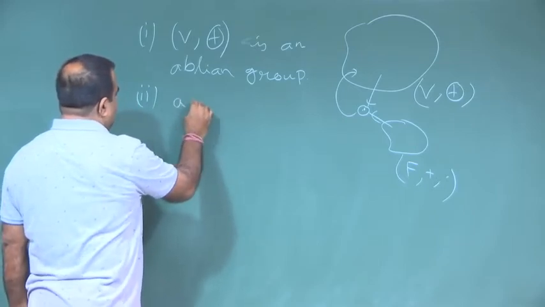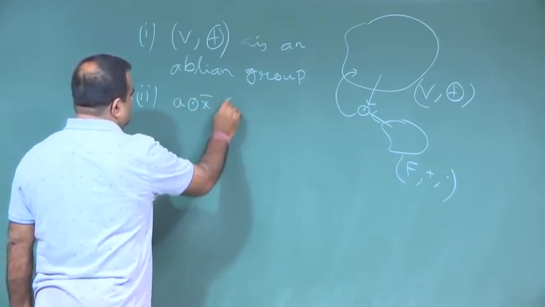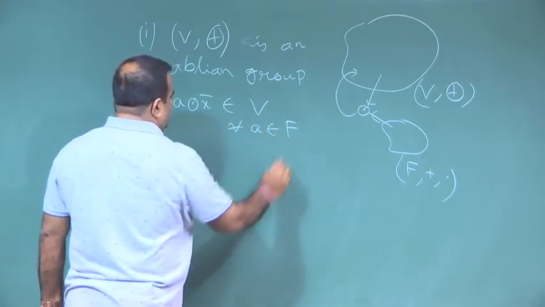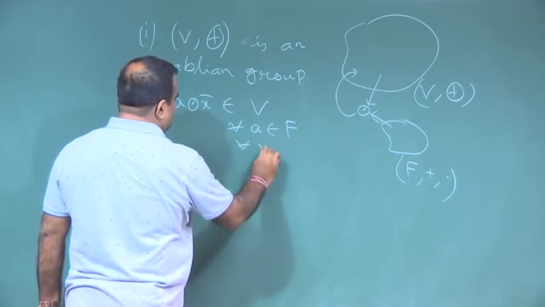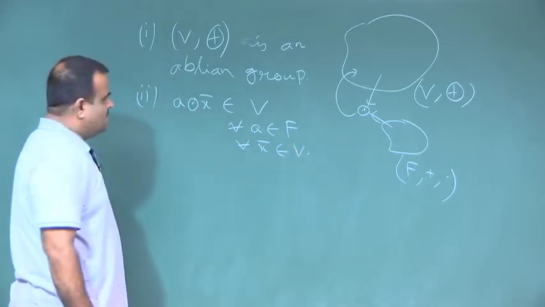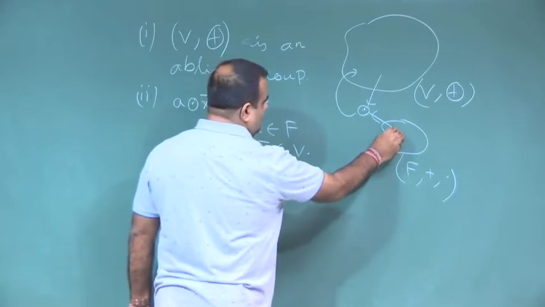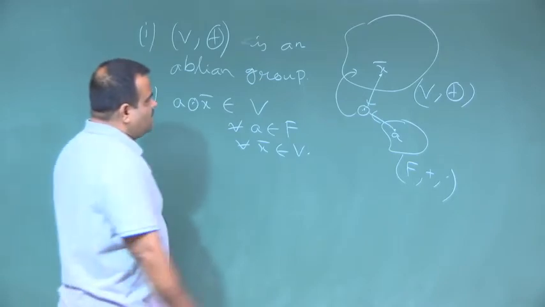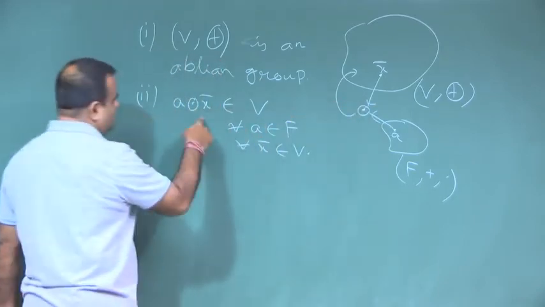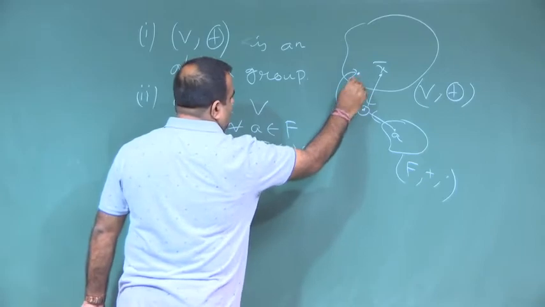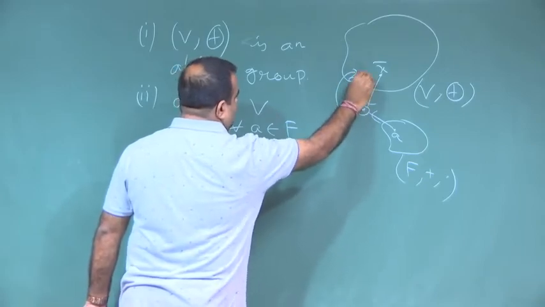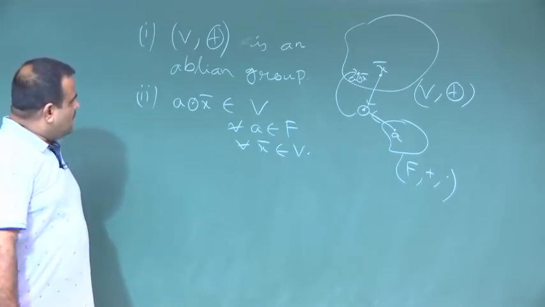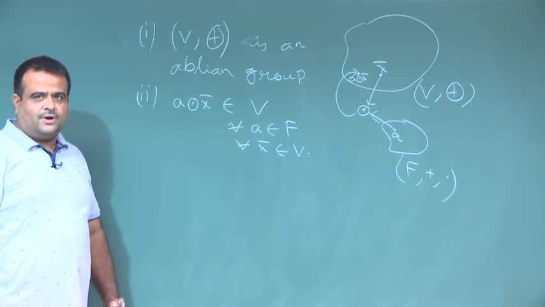So, if A operates with x, this must belong to V, and this must be true for all A coming from F and for all x coming from V. That means if we take any scalar A and any vector x, then operating with this operator gives an element in V. So, this will be another vector.